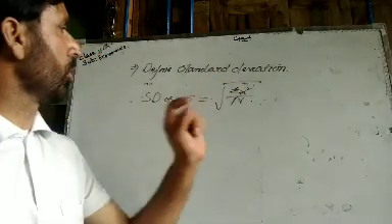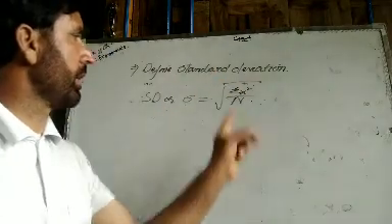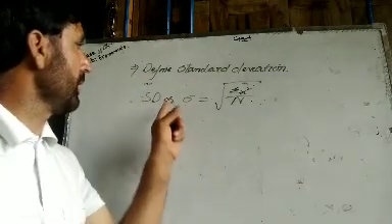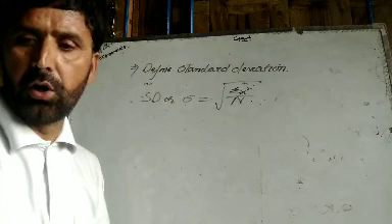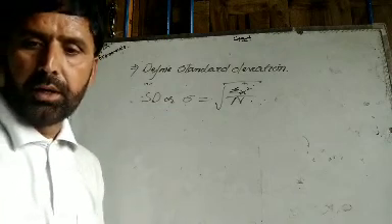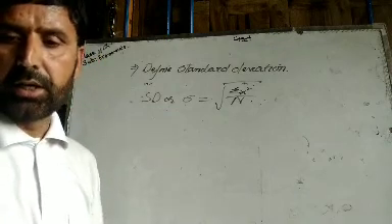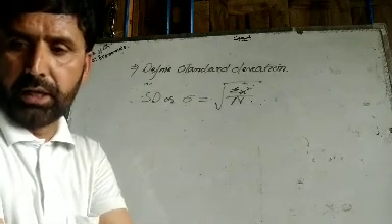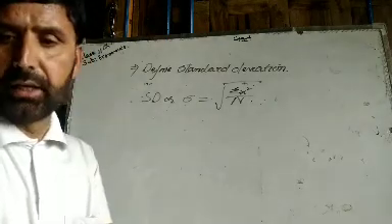Sigma x means the sum of the observations divided by the number of items, which is the mean, and the square root of this mean is the standard deviation. Here sigma x square is the sum of the squares of deviations, and x bar is the mean.